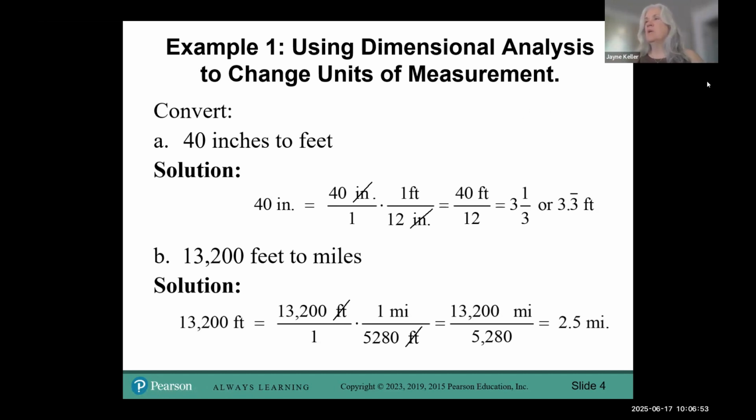So I want 72 inches, and I want to know how many yards that is. So notice that this unit multiplier is going to help me convert from inches to feet, but I want yards. So what I'm going to do is first convert from inches to feet. So multiplying this one out is going to cancel my inches.